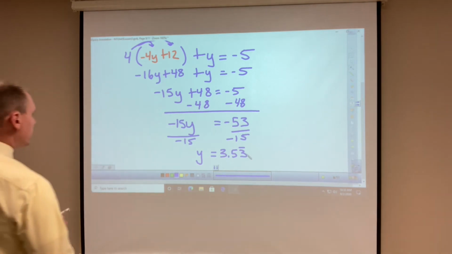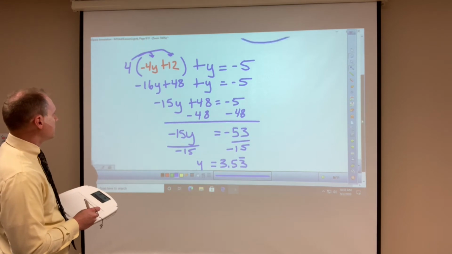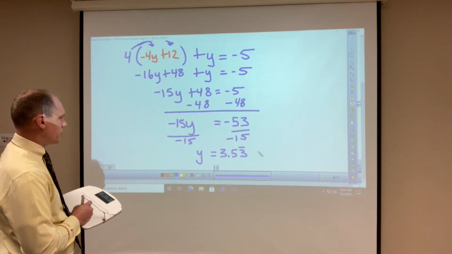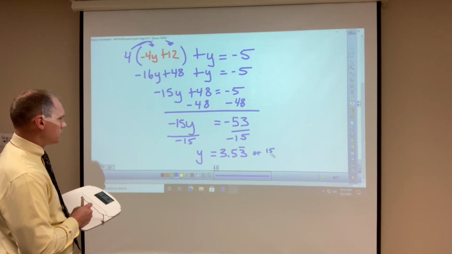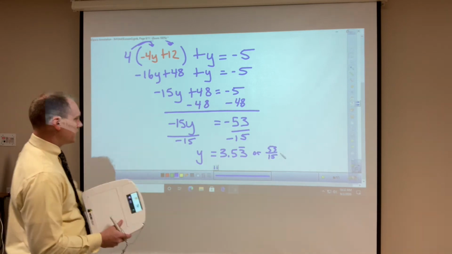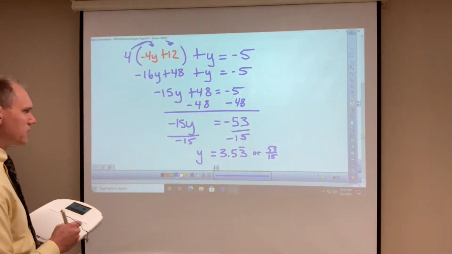All right, so from there we can actually substitute this into the other equation. So 3.53 with the 3 repeating, or we could just do 53/15. I'm going to leave both of those for right now, and I'm going to see which one's easier to substitute in up above in our second equation.